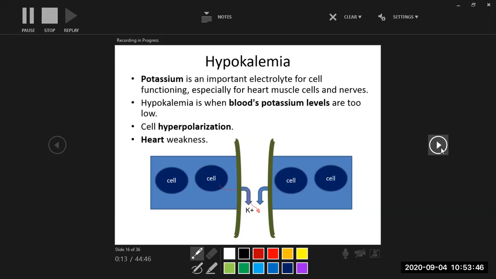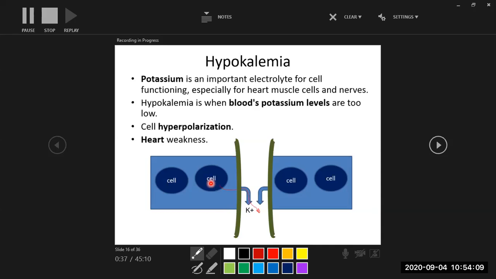So when our body loses potassium, the interstitium has low potassium. When it's low in potassium, the cell will lose more potassium into the interstitium. So basically, the cell will follow that concentration gradient and leak out more potassium.